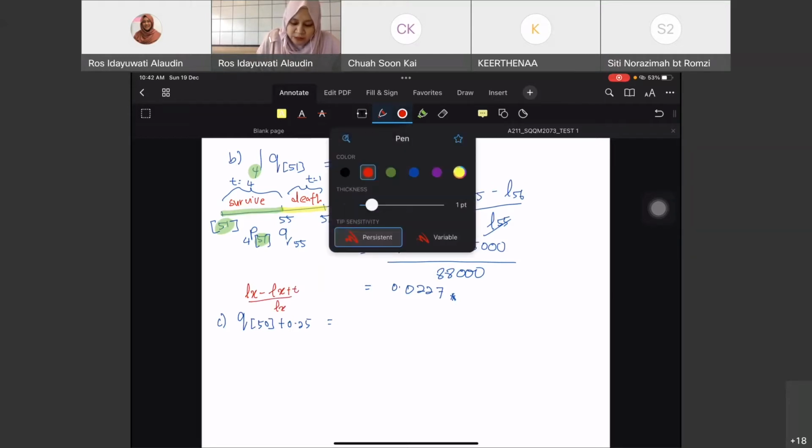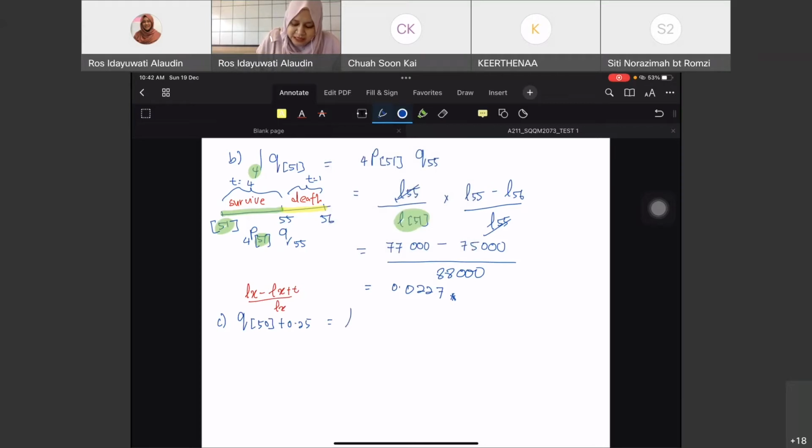So lx is l[50]+0.25. So x is the current age, so the current age is all of this, not just the first 50. 50 plus 0.25 minus, so we don't have a number at the back, so we know that it is plus 1. So 50 plus 1 plus 0.25, or you can write plus 1.25.